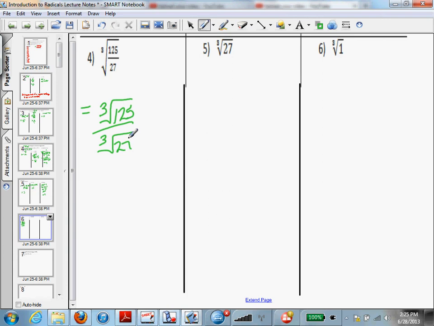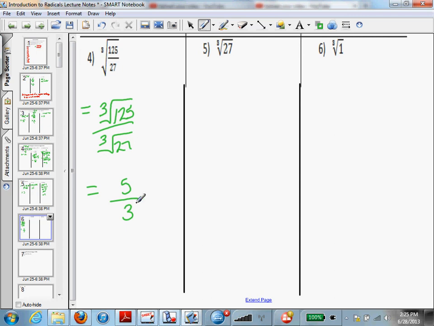And you'll see that we can break down that 5 times 5 times 5 is 125, so the cube root of 125 is 5. And the cube root of 27 is 3, because 3 times 3 times 3 is 27.